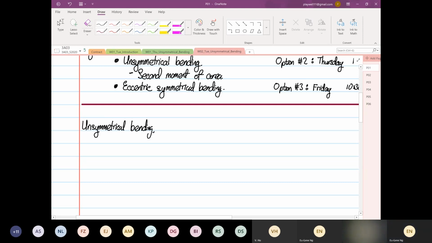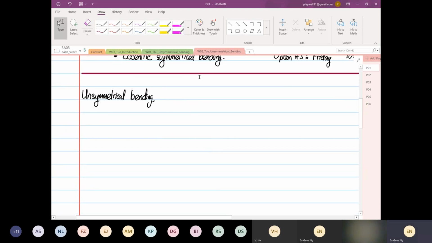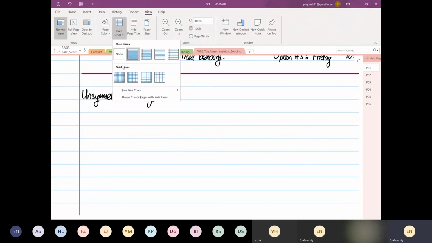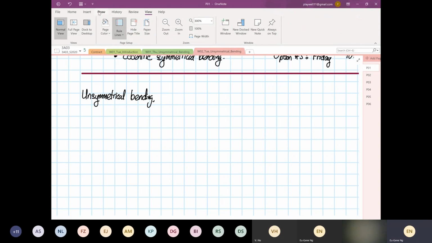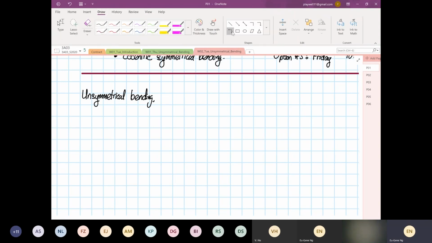Right, so I'm going to draw a case where this diagram over here is unsymmetrical bending. So again, we have a structure that is rectangular.